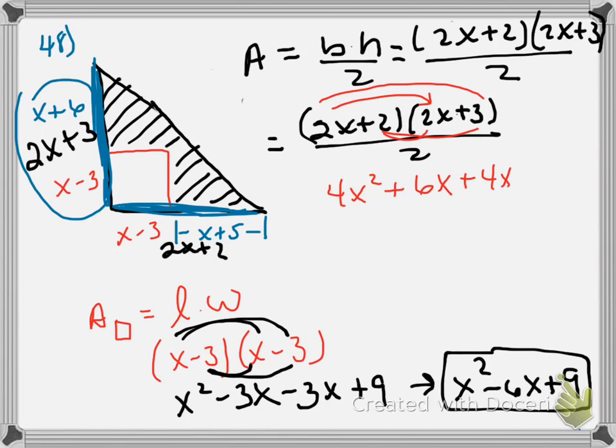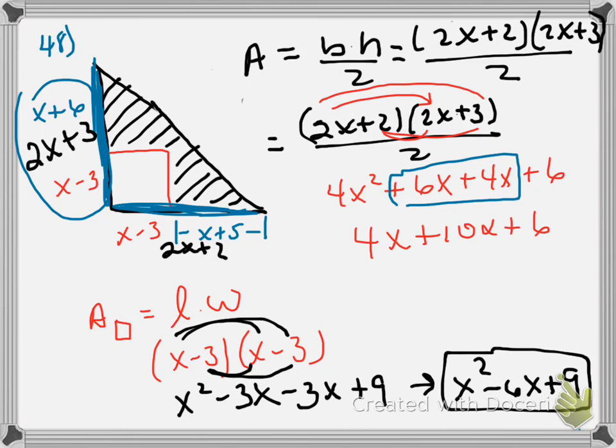And 2 times 3 is 6. And then I'm going to combine my like terms. So if you look in the middle here, I have 2 like terms. See them right there? So I actually have 4x squared plus 10x plus 6. And remember, all of this is divided by 2 because that's what we have up here in the equation.